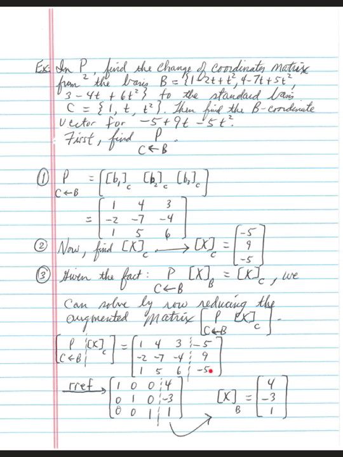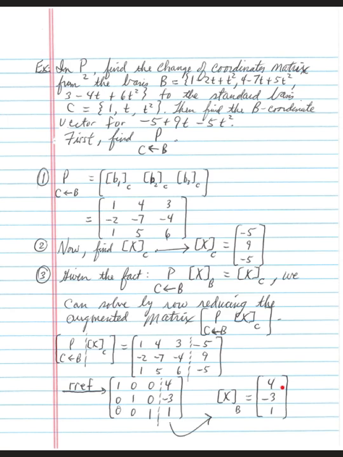Negative 5, 9, negative 5. Row reduced echelon form, we get I sub 3. It's an identity matrix with 3 1s down the main diagonal. And your last column, once you've row reduced, is your B coordinate matrix.